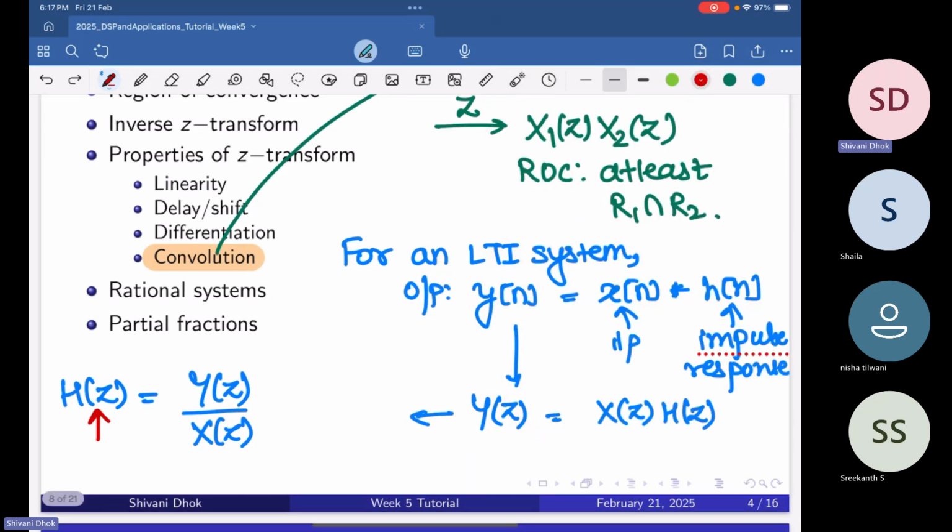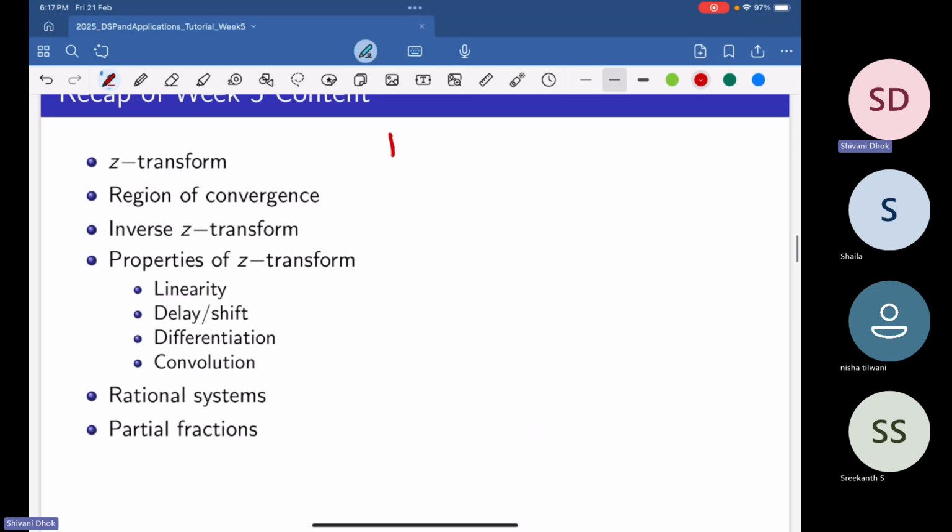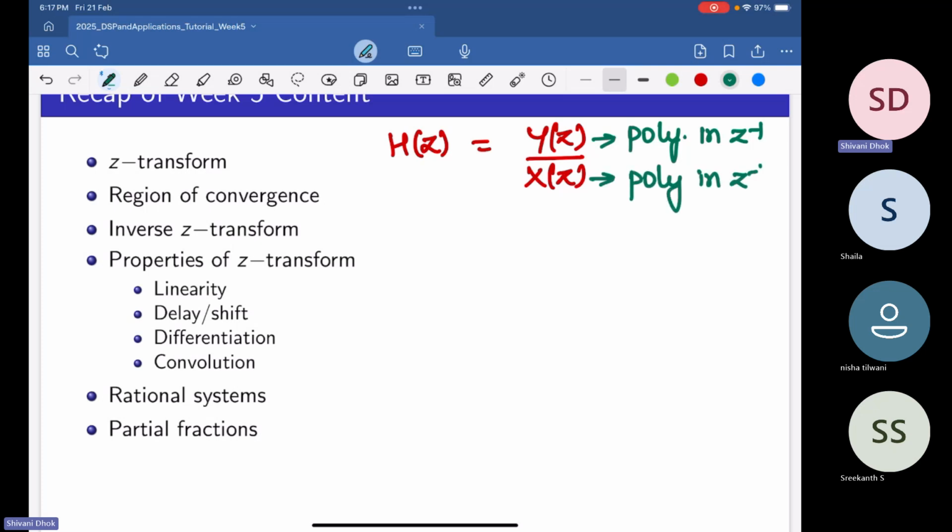Now this H of z, which is equal to Y of z upon X of z, if the numerator is a polynomial in z inverse or z for that matter, and the denominator also is a polynomial in z inverse or z, then such a system with such a transfer function or system function is known as a rational system.